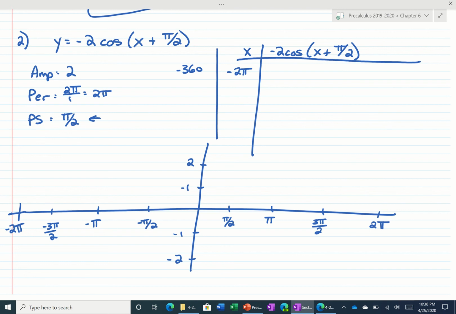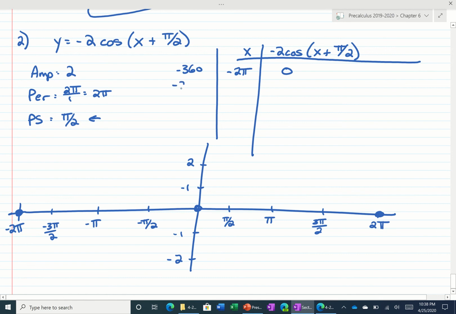So I'm going to store -2 pi in A. Everything's the same as what we were doing before. My calculator is telling me it's 0. Period's 2 pi, it's going to be the same thing every 2 pi.